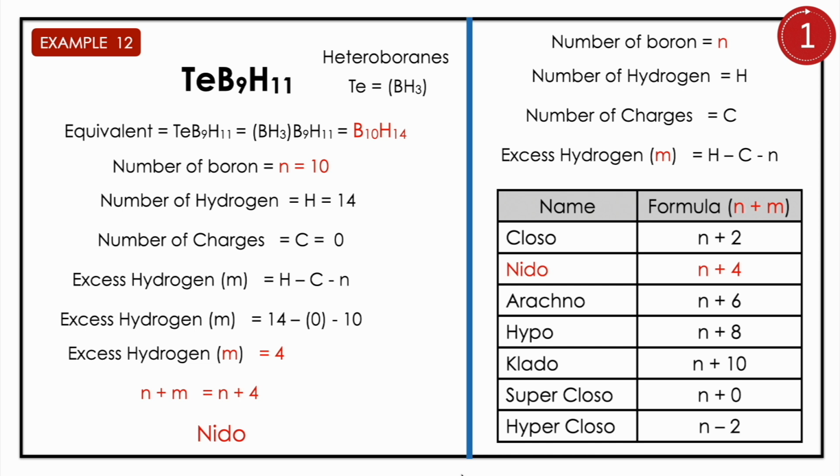N equals 10. If you substitute in the formula, you have M equals 4. M equals 4 means it is an N plus 4 system. According to the table, you have a Nido structure. So the compound TeB9H11 has a Nido structure.